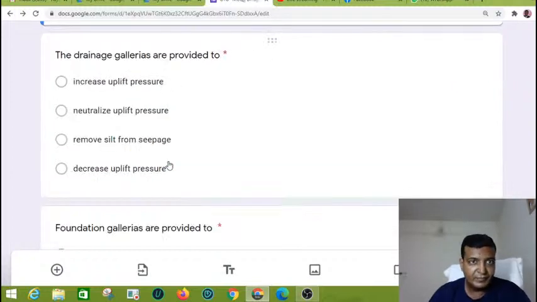Next, the drainage galleries are provided to increase uplift pressure, neutralize uplift pressure, remove silt from seepage, decrease uplift pressure.